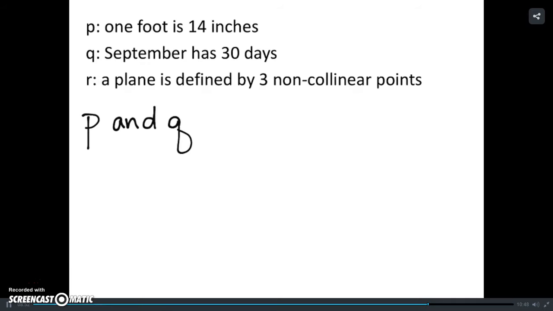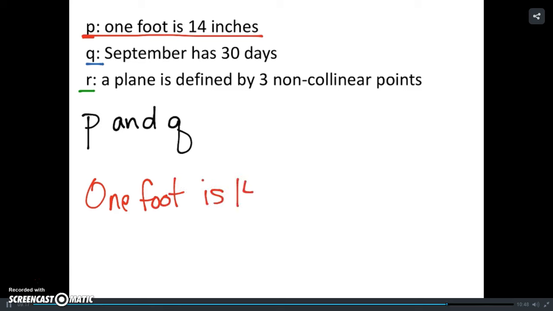Okay, so let's look at an example here. You'll notice that they've given you 3 statements. Each statement has its own letter. So you have P, Q, and R. And they've told us that they would like us to write this as P and Q. So it says P is 1 foot is 14 inches. So that's where we start. 1 foot is 14 inches.